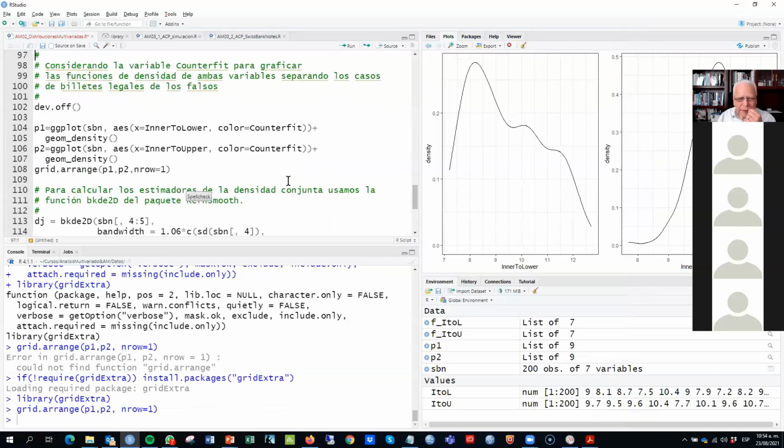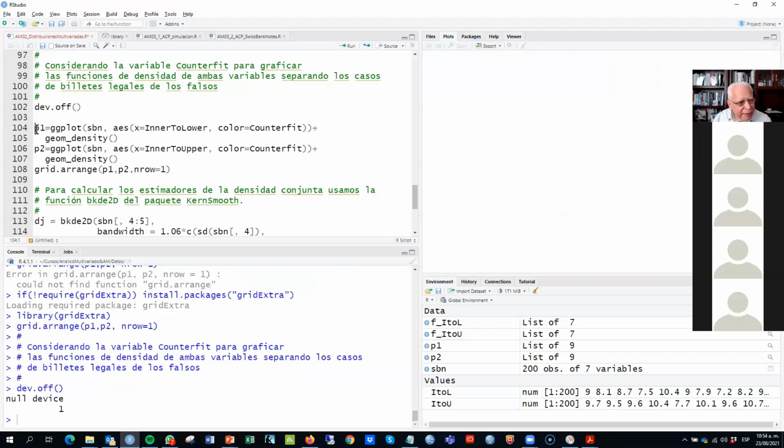Now, if we have another variable that tells me if the bills are counterfeit or not, I can incorporate that in the graphs. So I'm going to clean the graphs here, and create a P1 graph with SVN. Aesthetics is x equal inner to lower, but color is counterfeit.